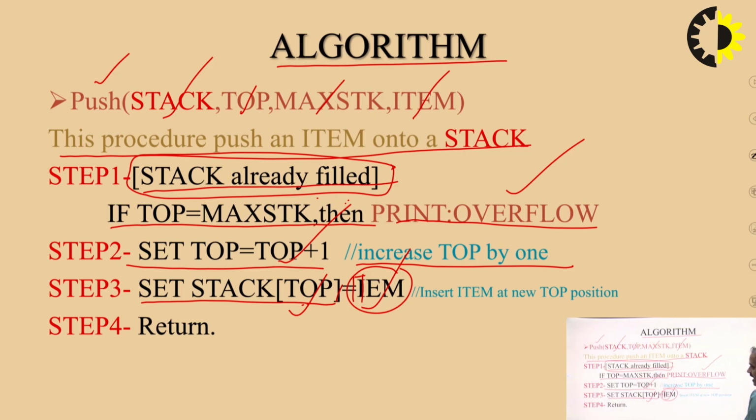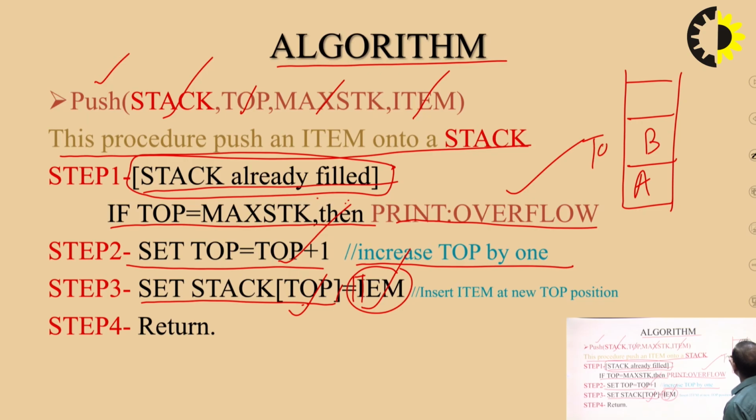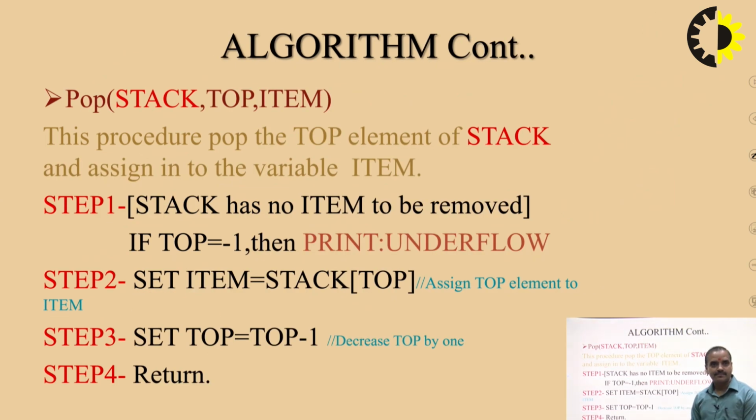As we saw in a previous example, like this, this is a stack A, B, C. This is the top. And we want to insert an element C. Then first we have to increment top equal to top plus 1. We go to this place and we insert C at this place. This is the algorithm which gives the insertion operation for the stack.